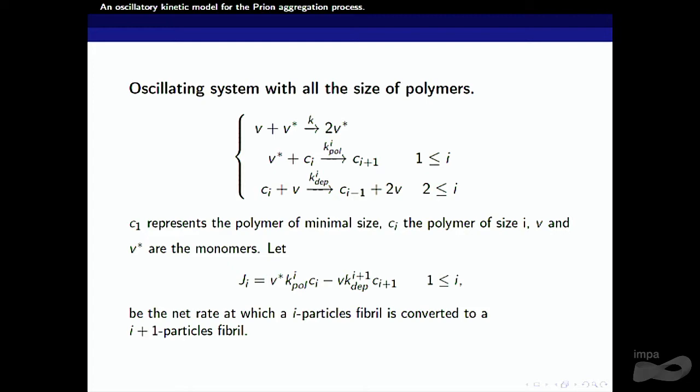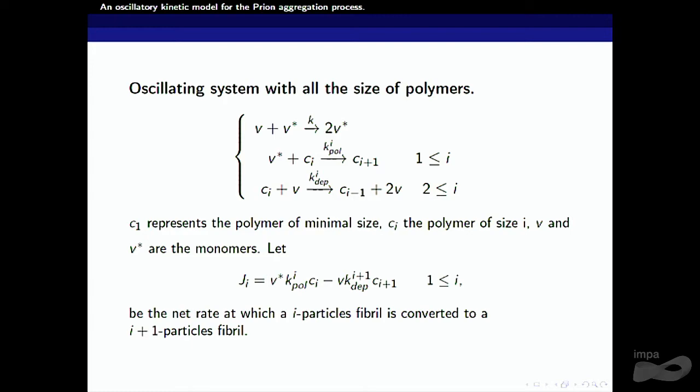And the V star monomer is the infectious monomer, which polymerizes here. And then there is an exchange between the V monomer, the normal monomer, and the infectious monomer. We say that the normal monomer is transformed into an infectious monomer with the rate K.